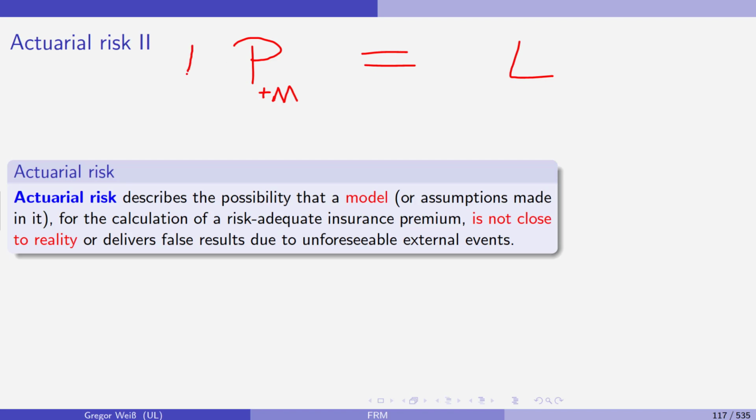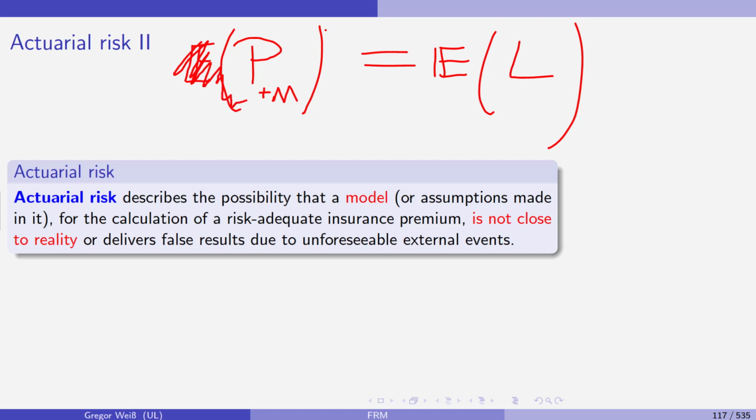You need to calculate the expected value of your premiums and the expected value of your losses. Now, the premiums are not stochastic, so actually we don't need the expected value here. You simply set the premium. For example, you can say 300 euros per month for a health insurance. What is stochastic is the right-hand side.